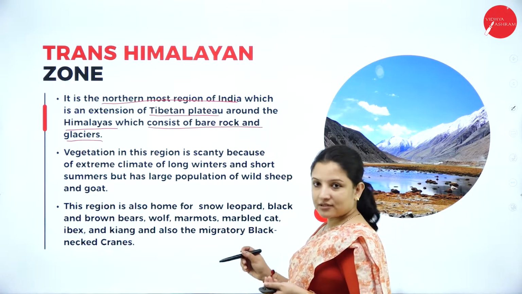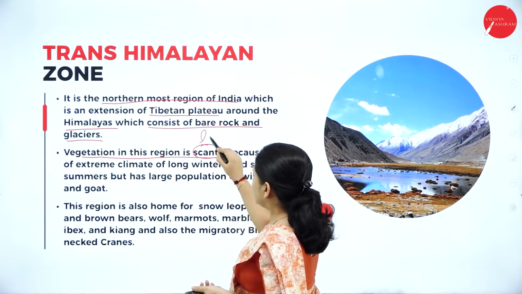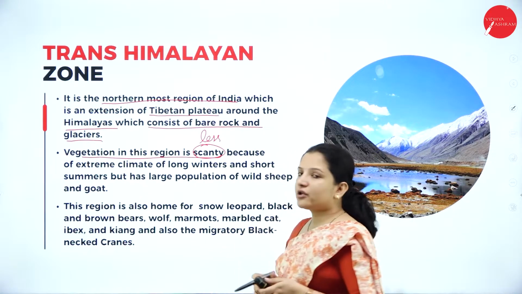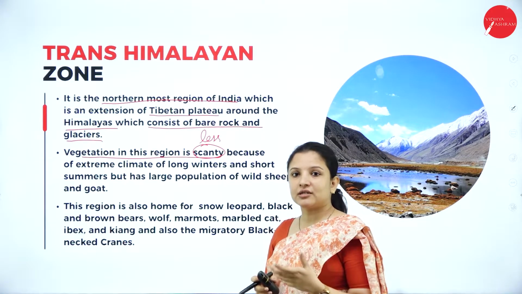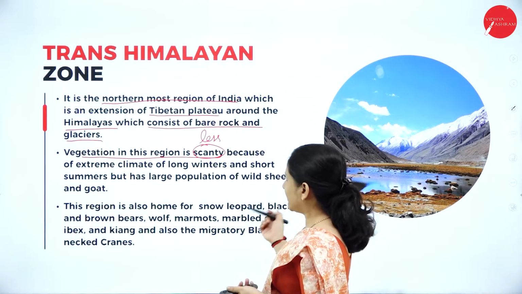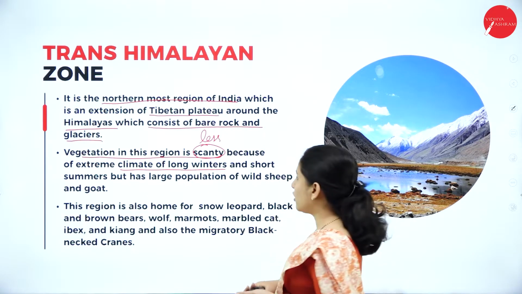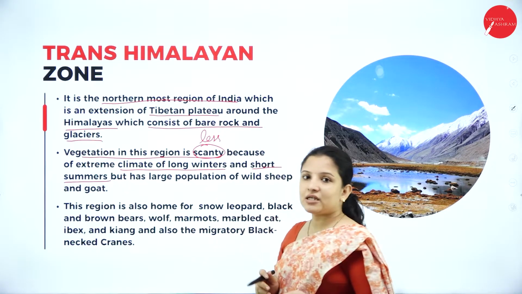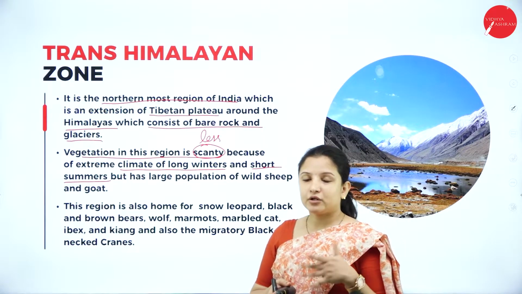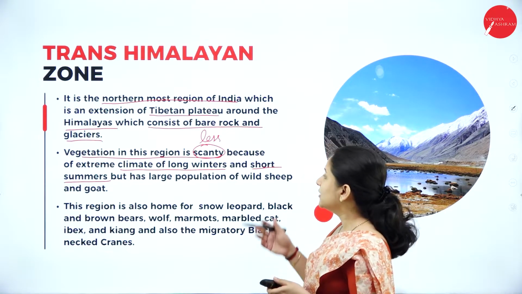Vegetation in this region is scanty because of the extreme climates. It is not possible for plants to survive there. They have extreme long winters and very short summers, and summers are needed for plants to live, because for photosynthesis, sunlight is very important, right? So that is why.